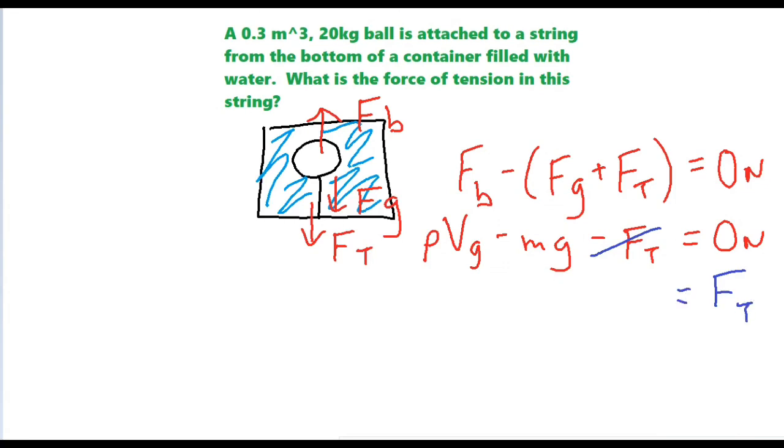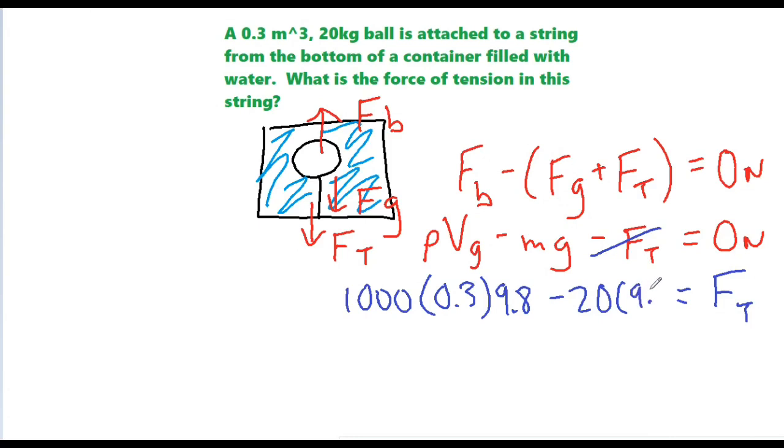So I want to go ahead and isolate that. And I have the rho of water, 1,000 kilograms per meter cubed. We have the volume displaced, 0.3 meters cubed times a constant 9.8. And then we can go ahead and subtract the mass of the ball, 20 kilograms multiplied by 9.8. So find the product of these three numbers.